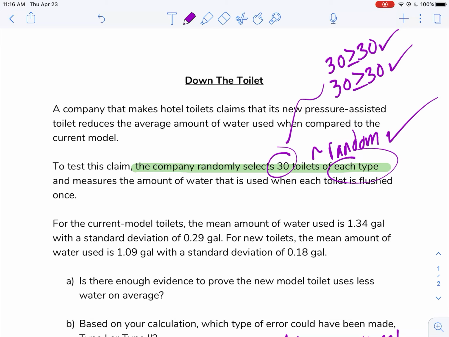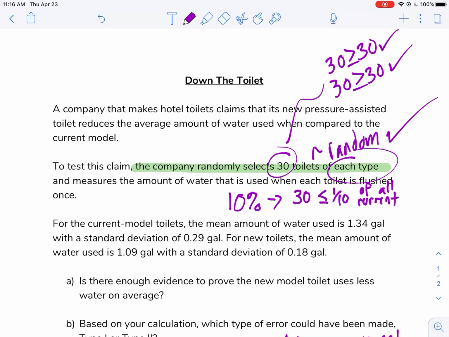All right, now the last one I have to check is my 10%. They don't necessarily give me that information here. That's something that they probably should have, but they didn't. So what we're going to do is we're going to say, for our 10% condition, we're going to assume that 30 is less than or equal to 1/10 of all current toilets.